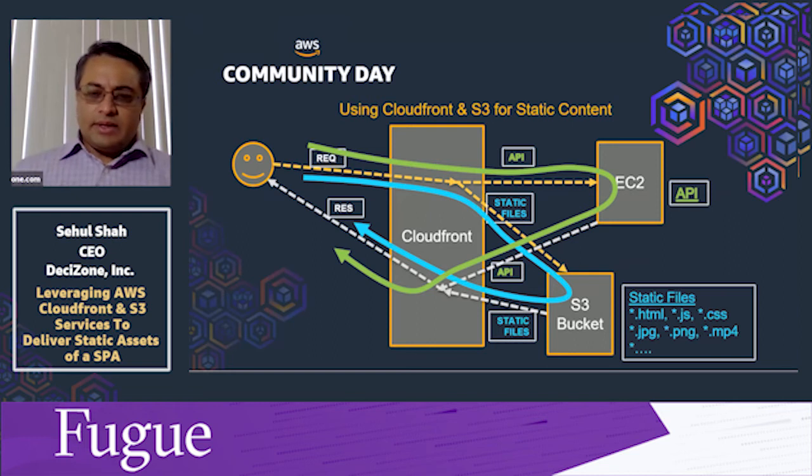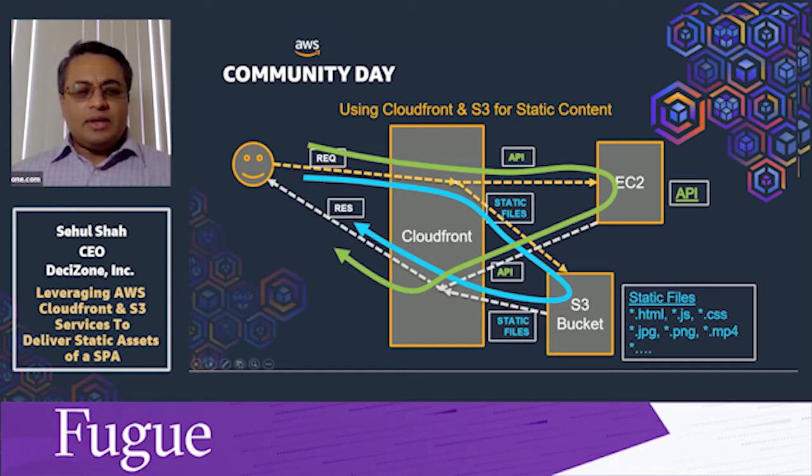So let me explain what this diagram is representing. The dashed orange line here is the request coming from your client. It hits the CloudFront, which is sitting in front of the EC2 instance and your S3 bucket.